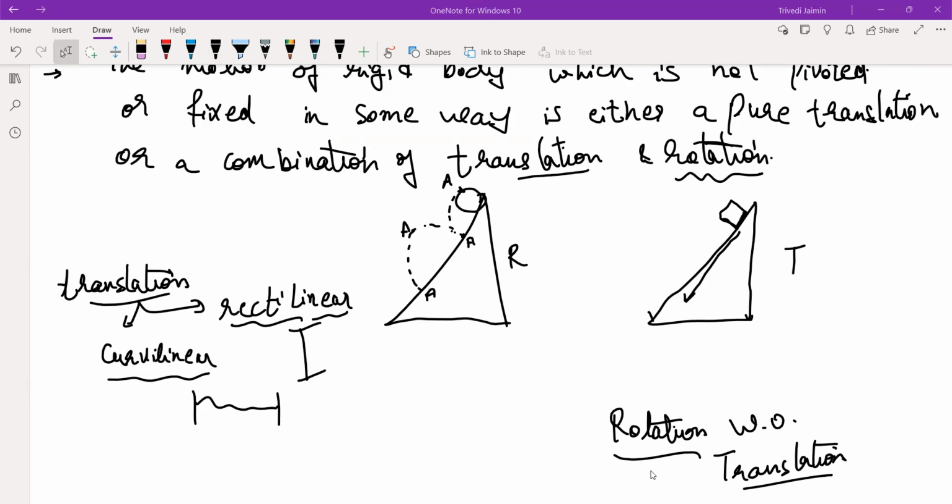Actually, it can be possible. It can be rotation, like when you are playing with a spinning top. It is rotating in its own position, on its own axis.